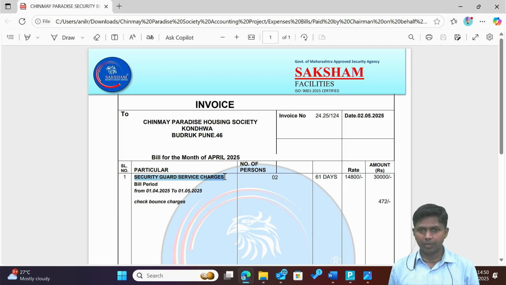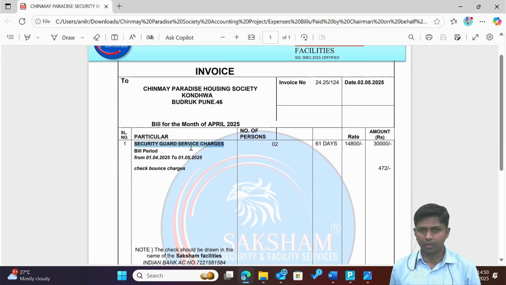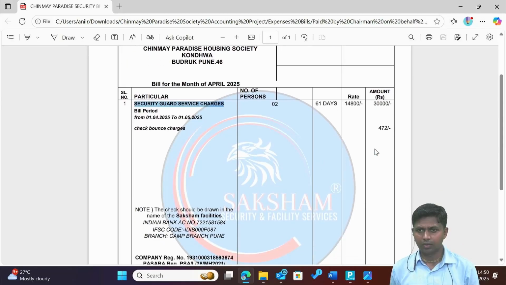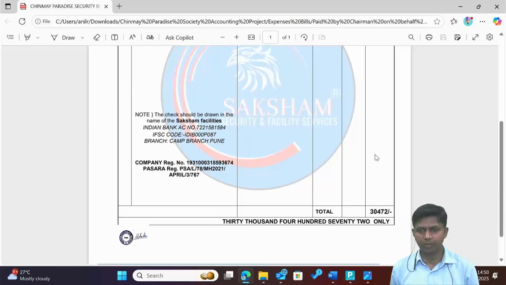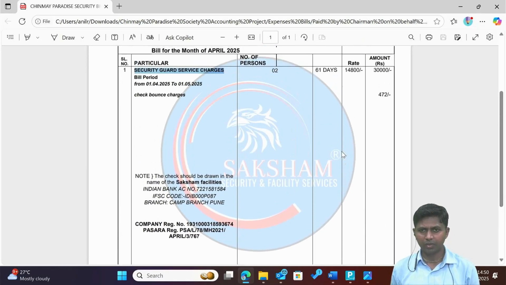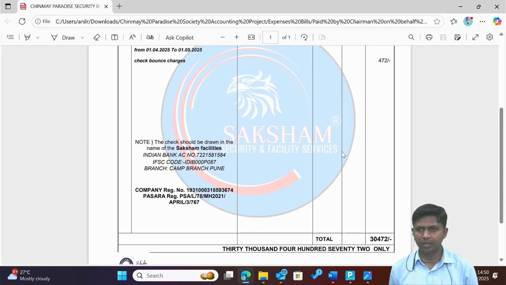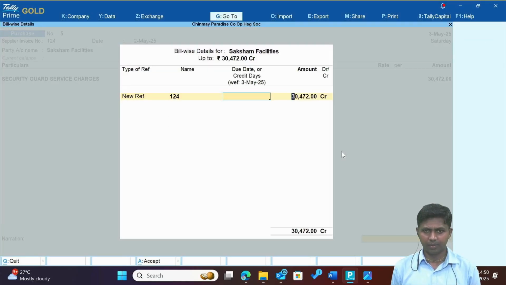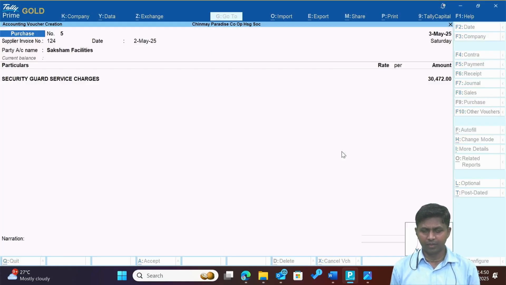Okay, amount of security guard service charges, 30,000 plus this 472. No need to record this 472 separately, it is included in the bill itself. 30,472. Then after that, just accept the entry.